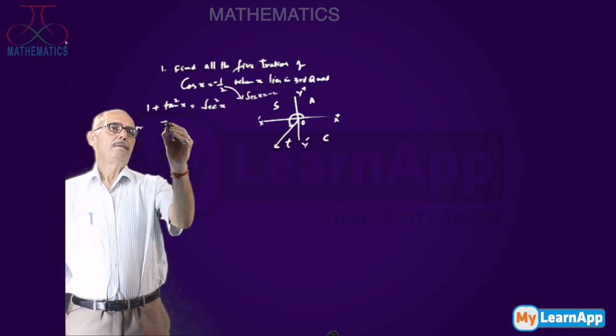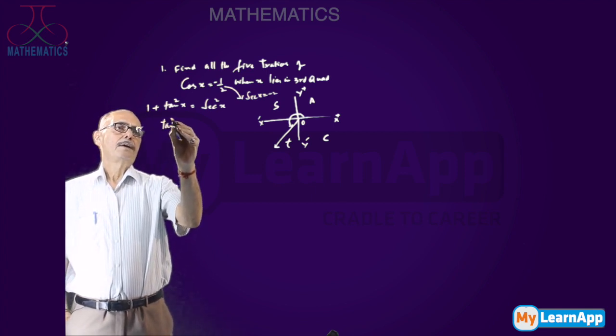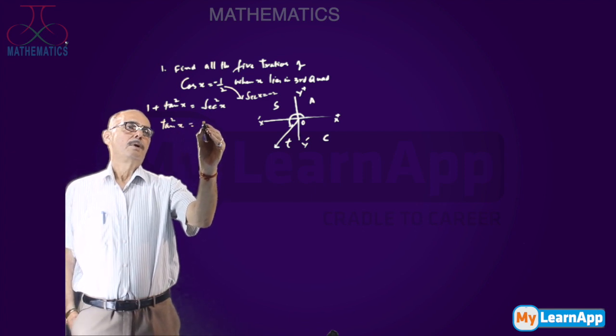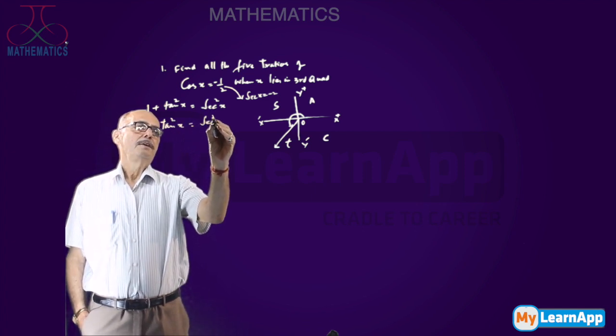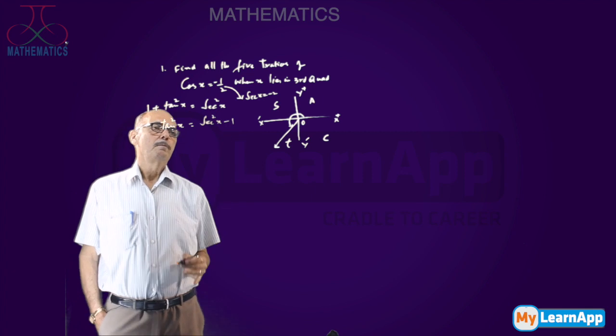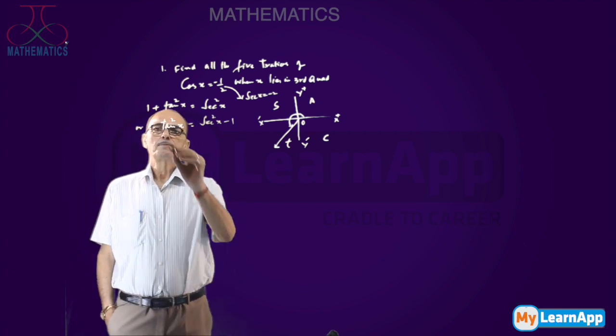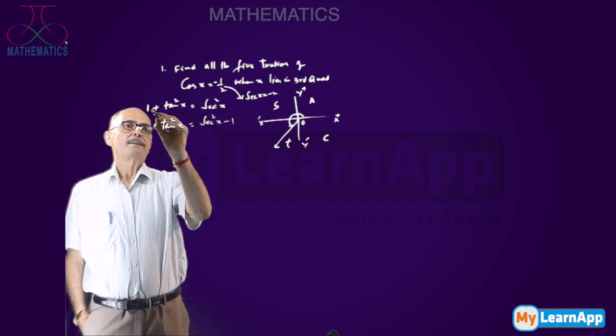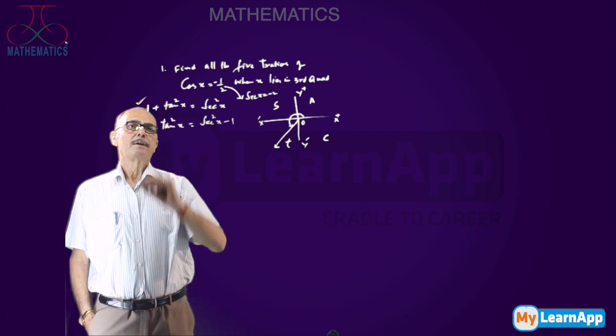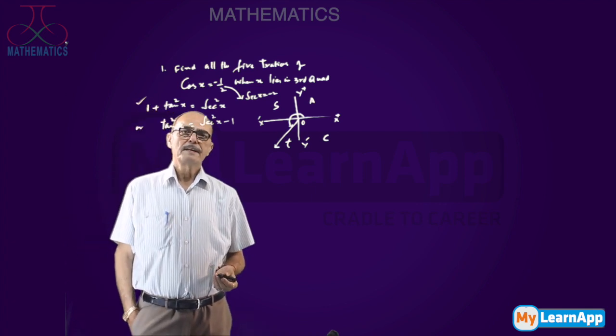Or we have tan square x equal to secant square x minus 1 by transposing 1 to the right side. This formula we have done in class 10th.